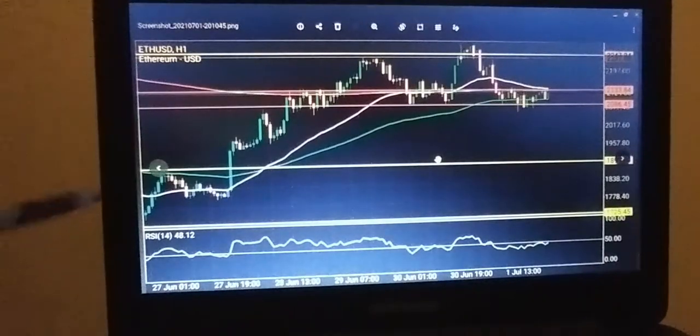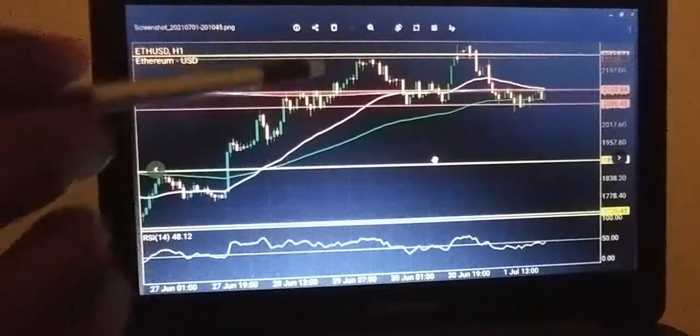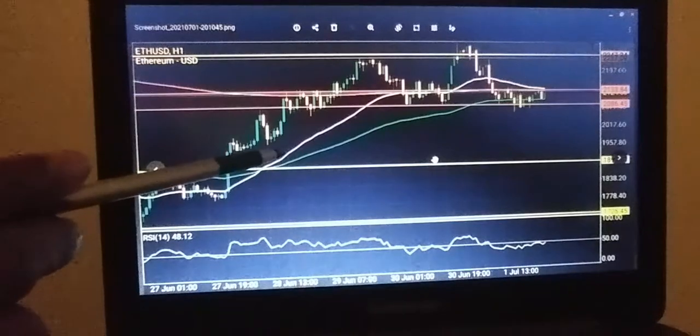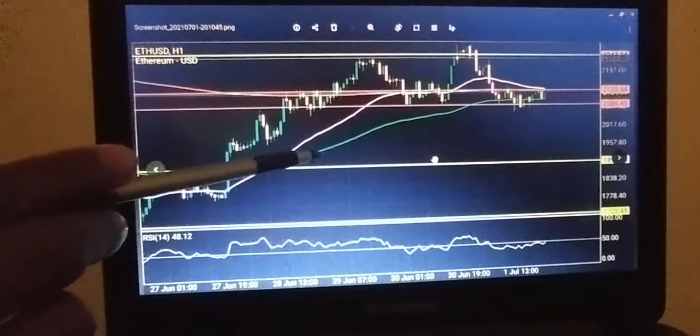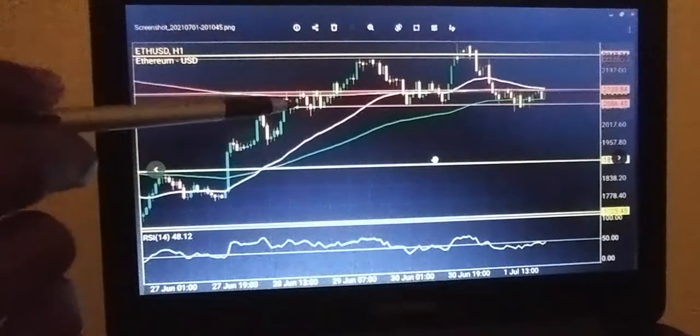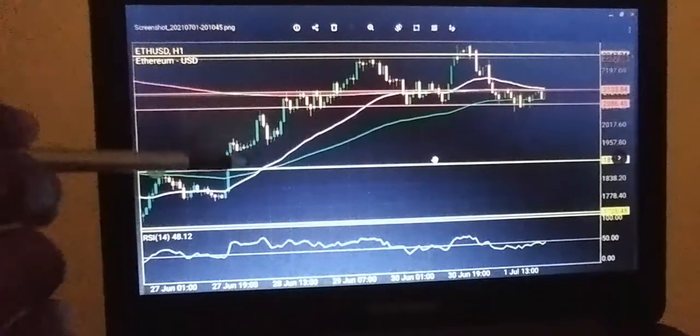But we can see right here that Ethereum has been on an uptrend. We can see that the 200 period moving average, which is kind of hidden from the frame here, is coming in on the left side of the screen. We also have the 21 period moving average, which is white, and we have the 50 period smooth moving average, which is green. And so all of these averages here were definitely going up at one time.